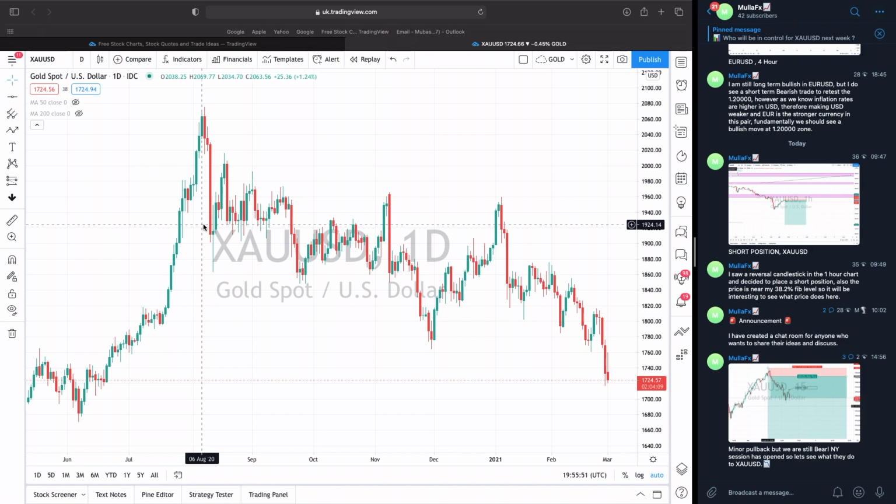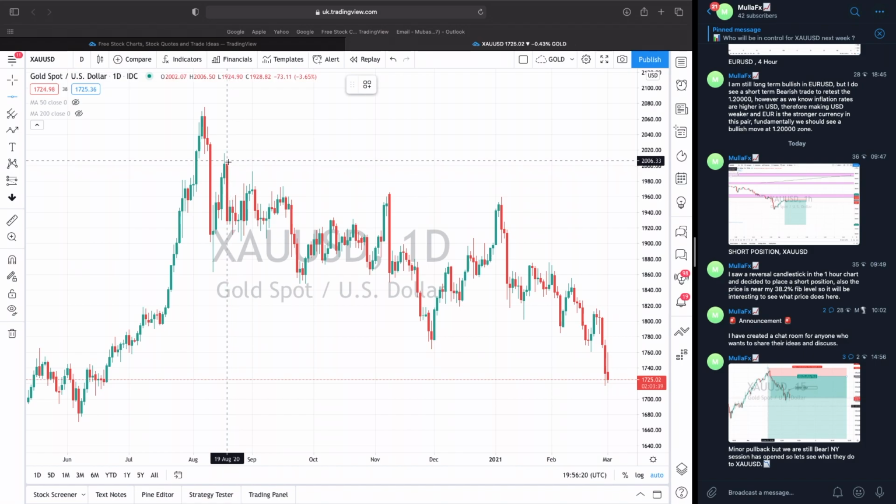Why I keep it as round numbers is because banks, and if you see a lot of fundamental news, they don't like to say these random numbers. They like to keep everything round numbered. So for example, 1800, 1900, 2000, 1700, 1750, those types of numbers which roll off your tongue, those are the numbers that they like. So if I start drawing in key levels, it will make more sense.